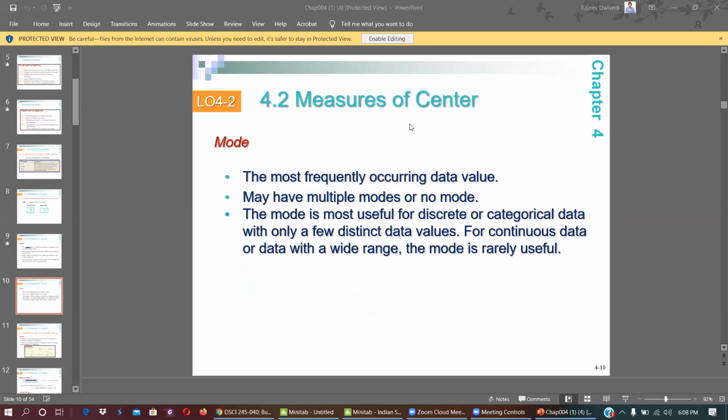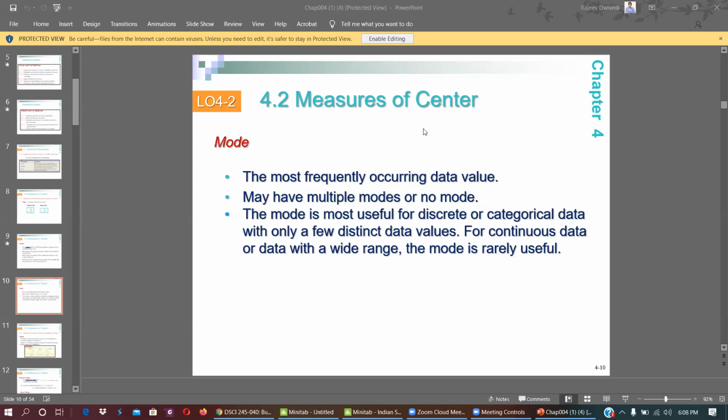What is the mode? I'm assuming that you all studied these basic concepts in your earlier classes, therefore I'm not explaining with calculations. Mode is the most frequent value in the data.